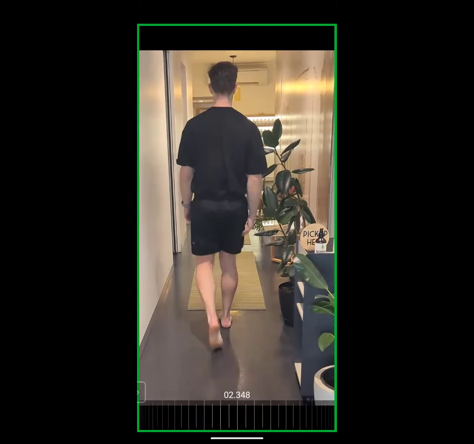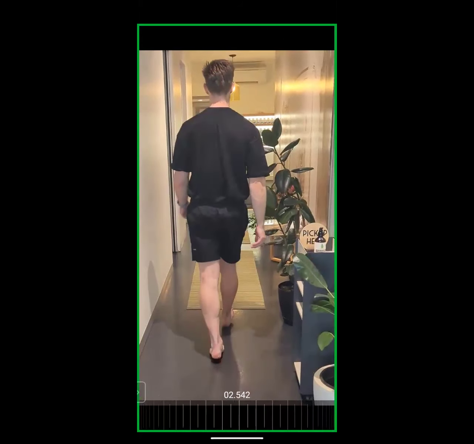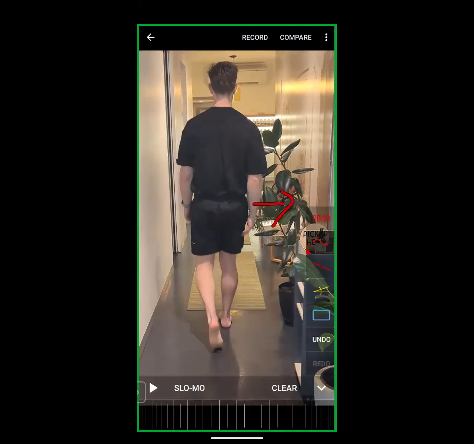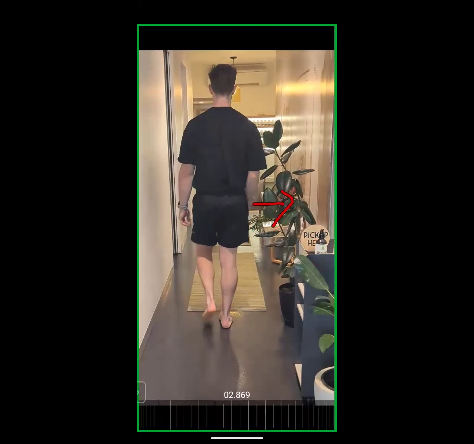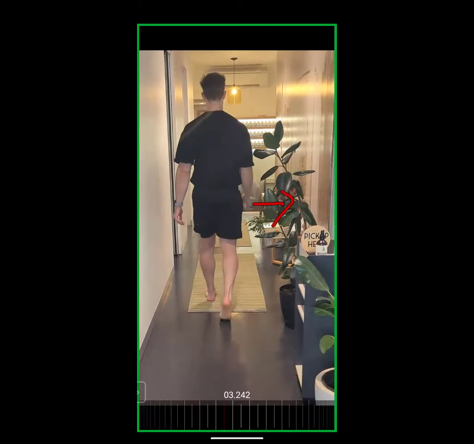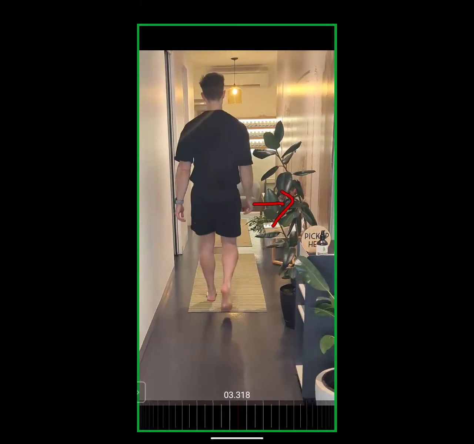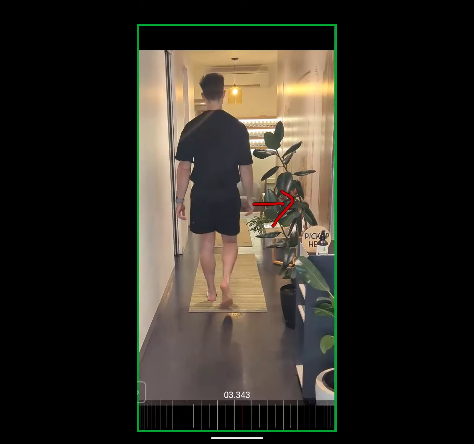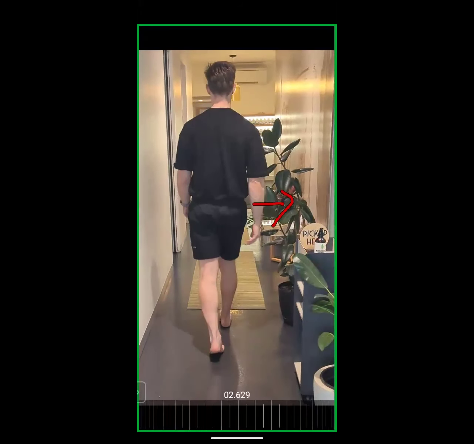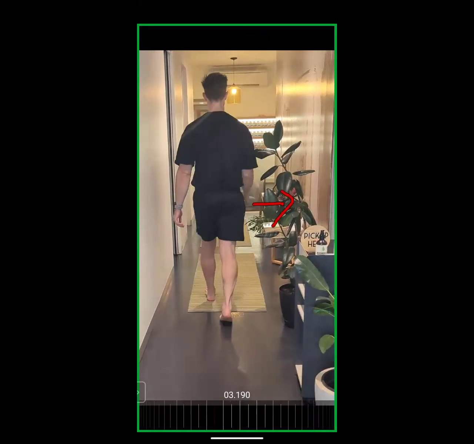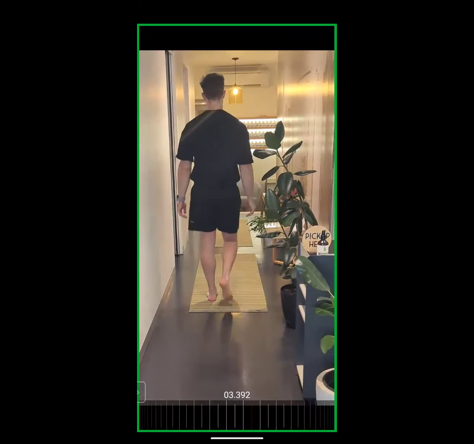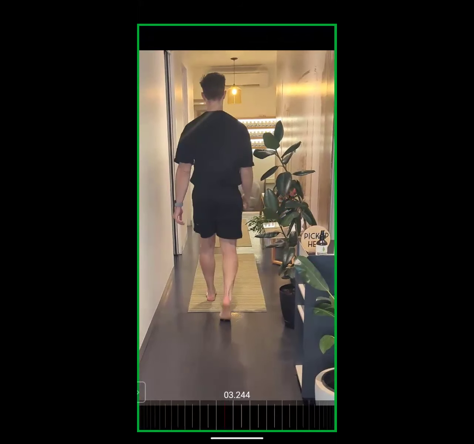So he's missing what looks like a shift of the pelvis to the right. He does hike okay on the left. So we're looking for what's really missing to make sense of what we want to do with him.